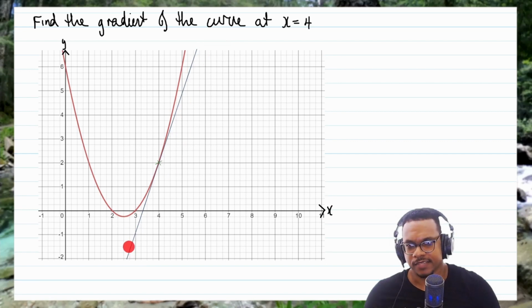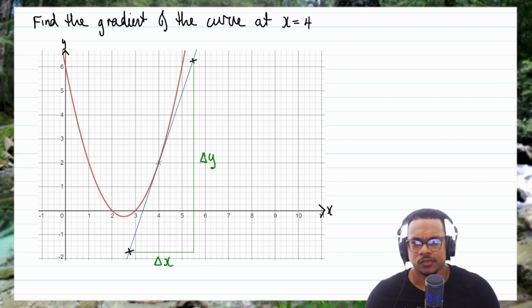So here I've drawn my tangent to the curve, and now I'll select a distance that's more than half of this line. So I've selected my 2 points. So this distance here would be more than half the line. So this distance here would be my change in y, and this distance here would be my change in x. Now these points that I've selected don't fall on a whole number, so I'll have to know the unit for each of the smallest block. So I have 4 blocks for every 1 unit.